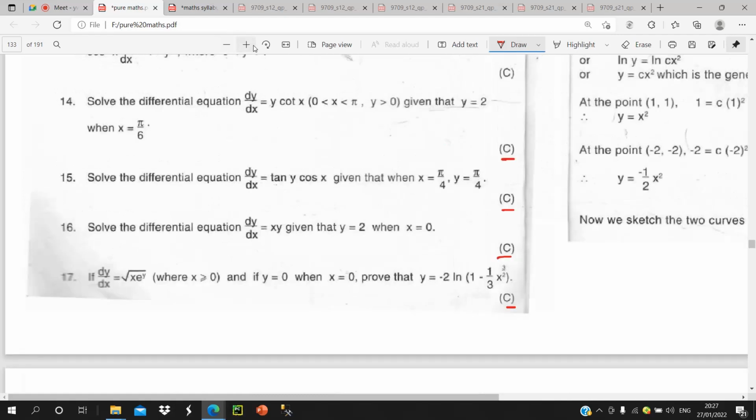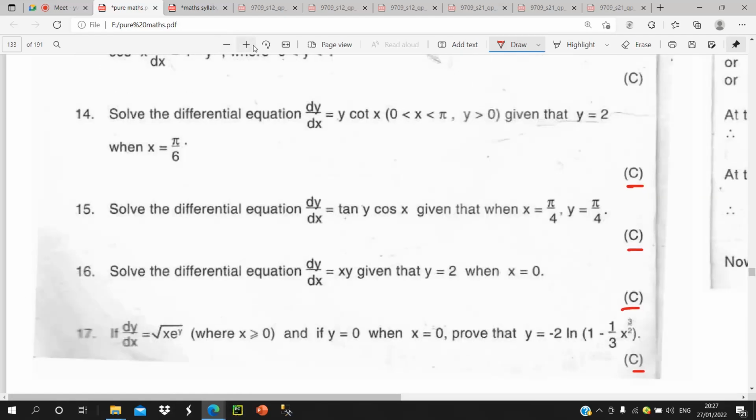Like I said, they want you to prove the particular solution in that form. So you don't have to run away from their answer. You have to prove it as it is.